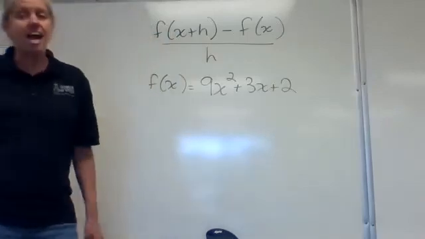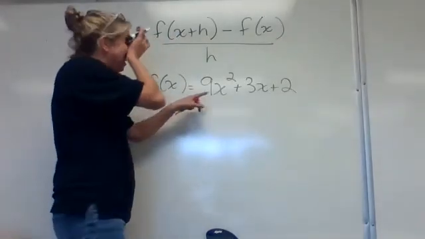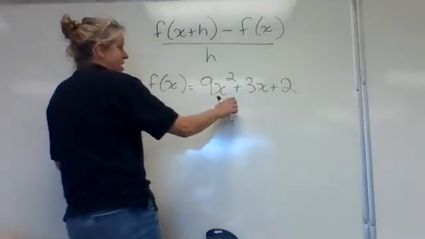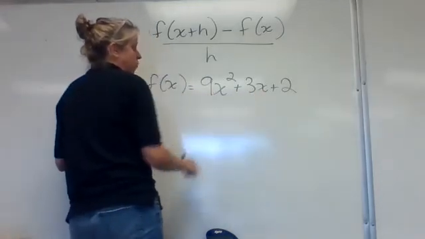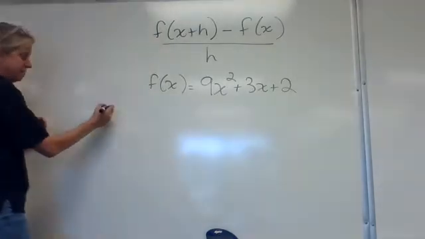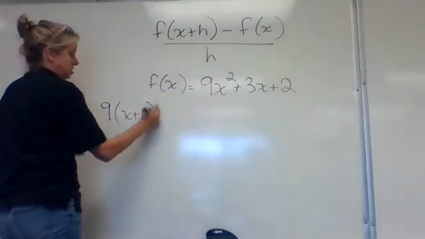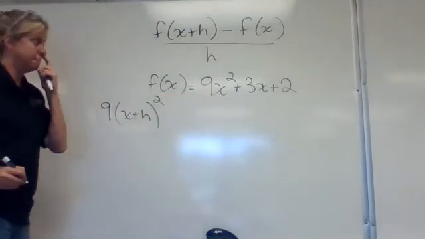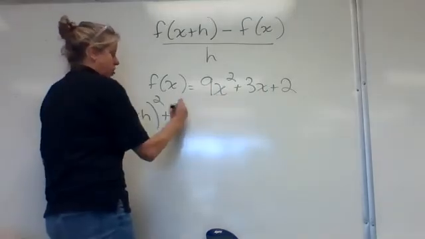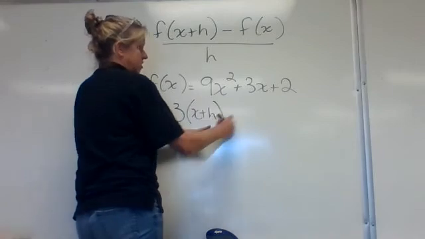Okay, so we're going to do the same thing we did on the last problem. This is just going to be more involved. Okay, so everywhere I see an x, I'm going to rewrite it as x plus h. So I'll have 9, and then instead of x, I will write x plus h squared, plus 3, replace that x with x plus h.